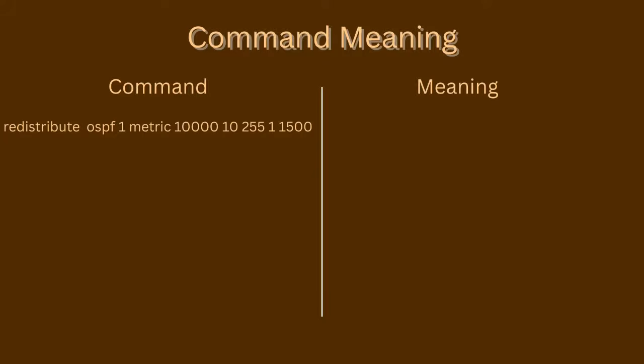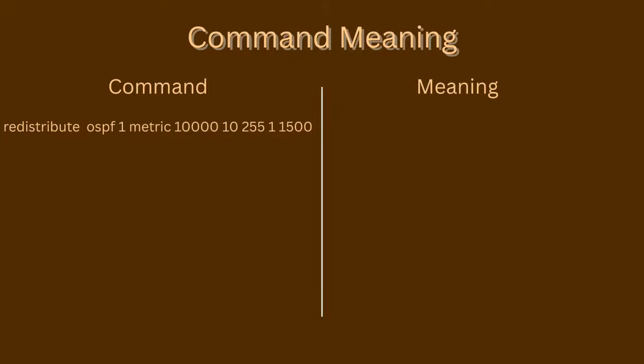Alright, let's decode this line step by step. First, redistribute tells the router that we're about to take routes learned from another protocol and inject them into the current one. After that, we have metric followed by 5 values. These numbers are specific to EIGRP and represent its metric components. The first number, 10,000, represents the bandwidth.